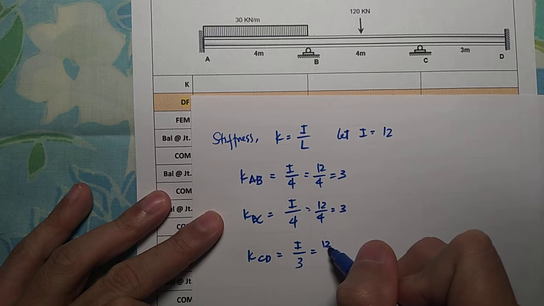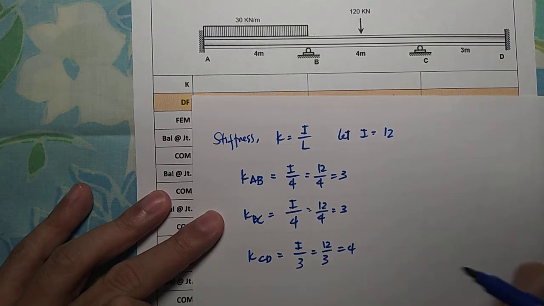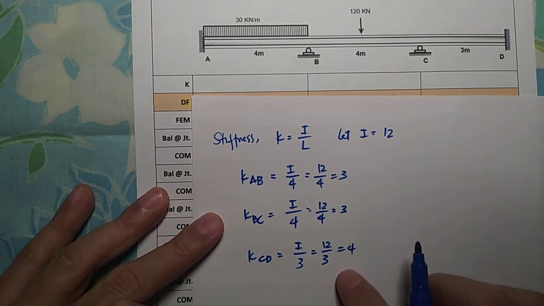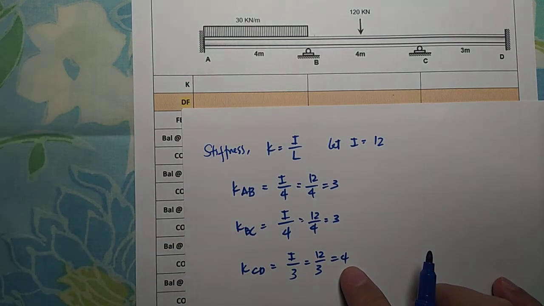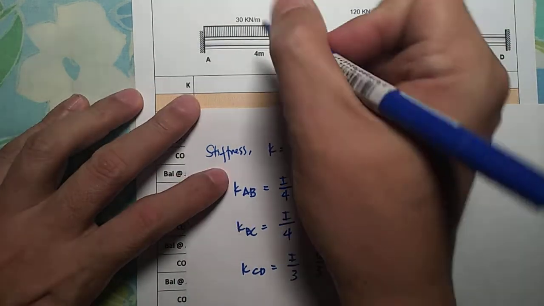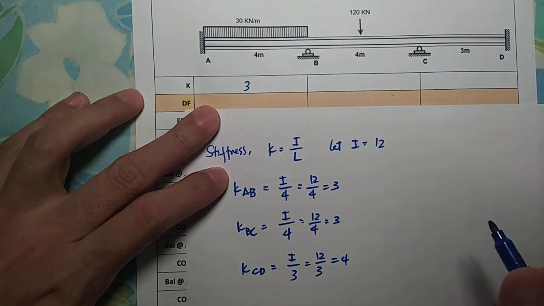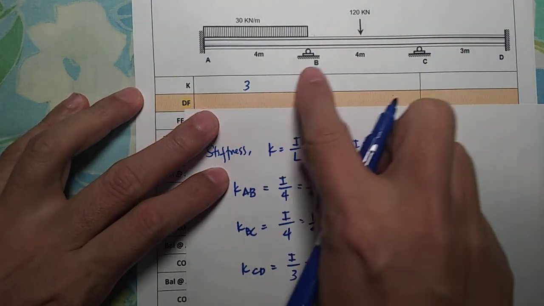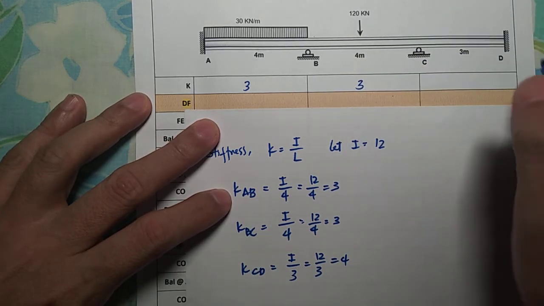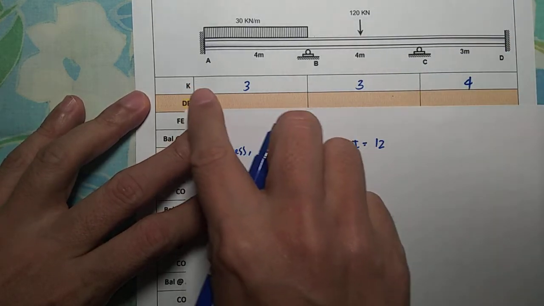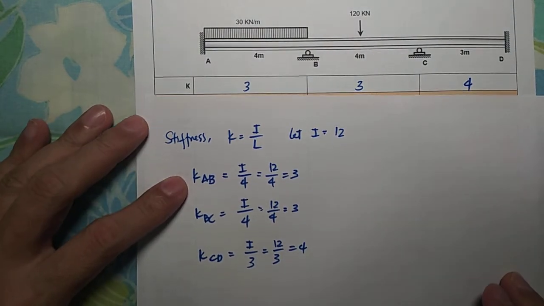And this is 12 over 3, so this is 4. These are now the stiffnesses of the three spans. Again, for span AB, the stiffness is 3. For BC, it's 3 also. Then for CD, it's 4. So these are the relative stiffness of the beam.